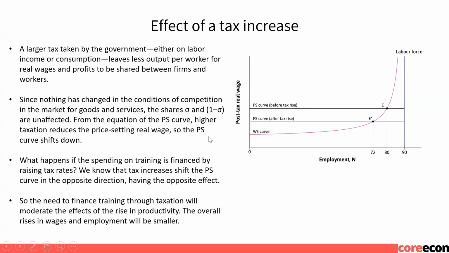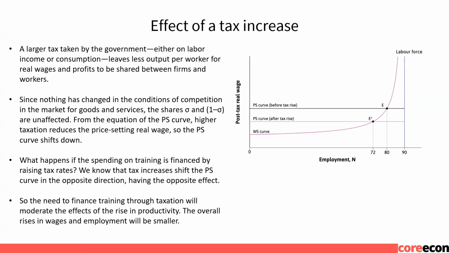Now, one may ask, so far we are assuming that the government collecting tax is really not doing anything with it. And what if we were to have spending on training financed by these taxes? And we know that tax increases shift the PS curve in the opposite direction, having the opposite effect.